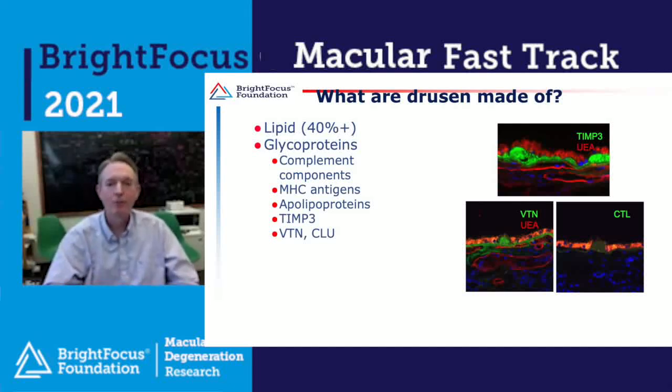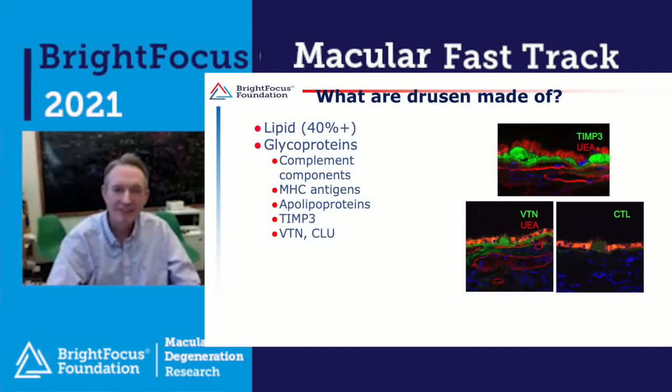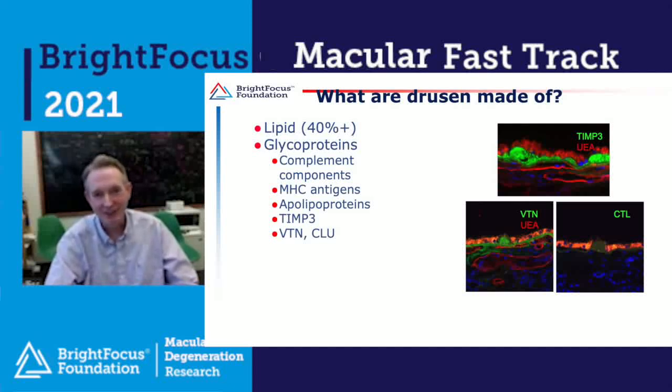In addition, there are glycoproteins that build up in drusen, and these include proteins in the complement system, MHC antigens. This seems really important. We haven't really given it enough thought, I think, but you can find HLA-DR molecules within drusen. Apolipoproteins, especially ApoE, TIMP3 from the work of Dr. Anand-Apte and others, as well as vitronectin and clusterin, inhibitors of the complement system. And on the right, we just see some immunofluorescent images depicting what this labeling can look like.